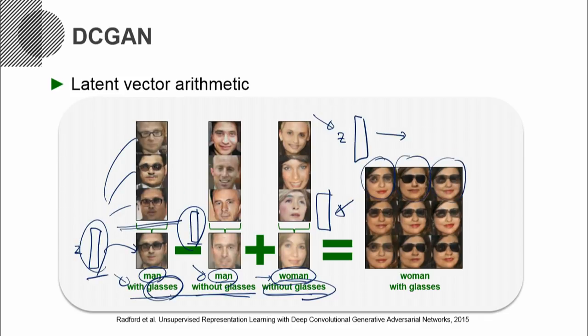And interestingly, they generated all those woman images wearing glasses. So our vector z can contain those semantically meaningful pieces of information, and that's what this GAN network has learned from the training process.